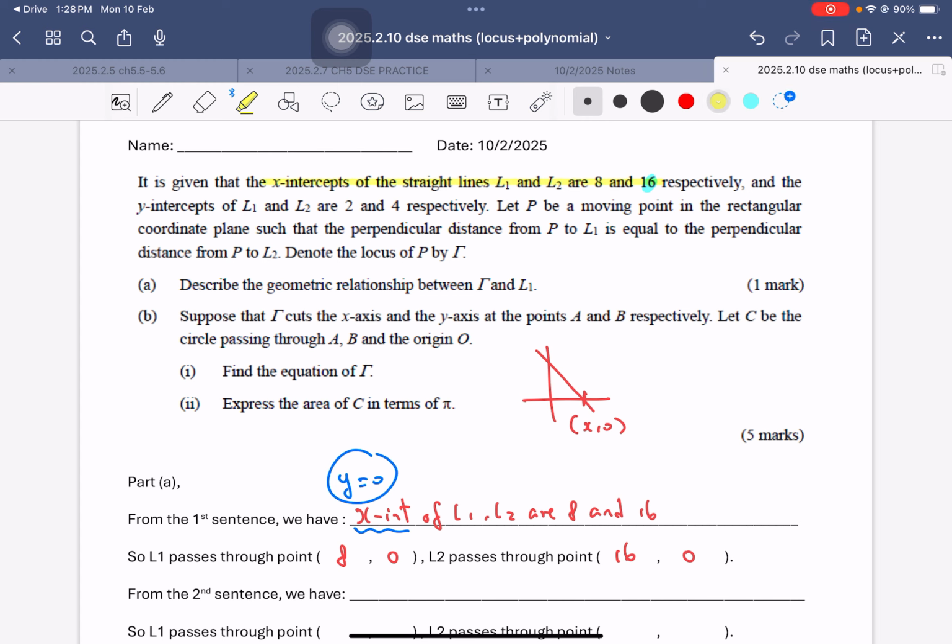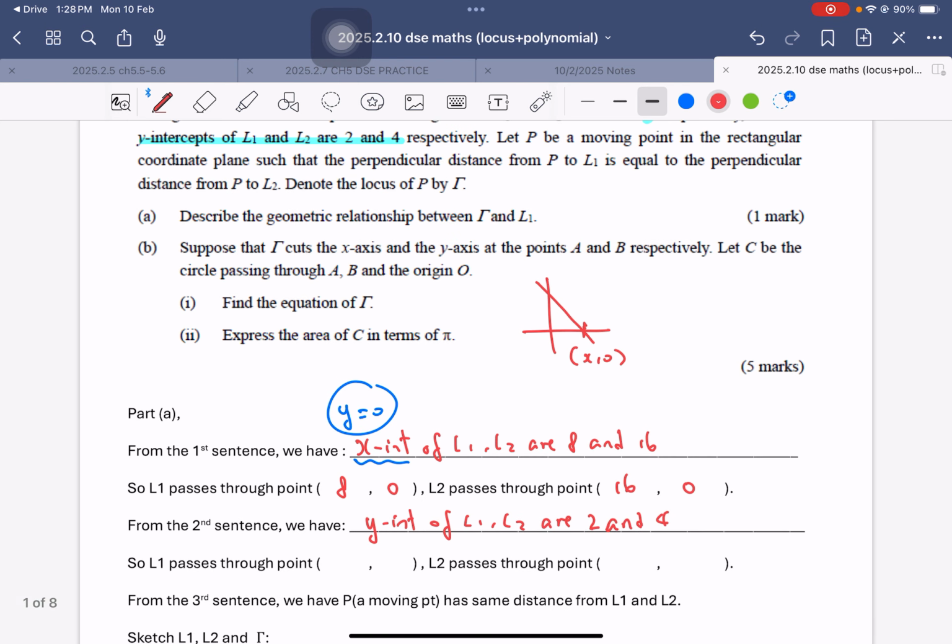Then from the second sentence, what did the second sentence tell you? The y-intercepts of L1 and L2 are 2 and 4. So y-intercept means that what is equal to 0?